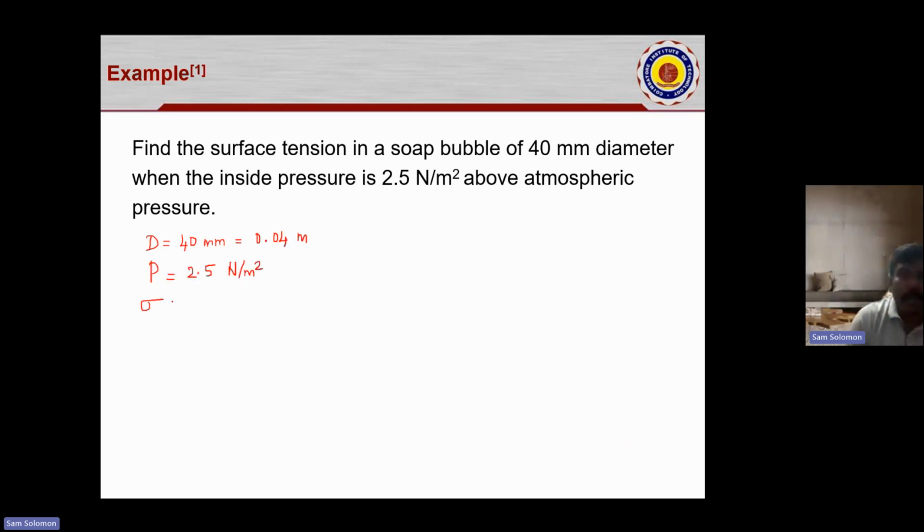Now they want us to find the corresponding value of sigma. We know that for a soap bubble, P is equal to 8 sigma by D, so sigma is pressure 2.5 times diameter 0.04, divided by 8.